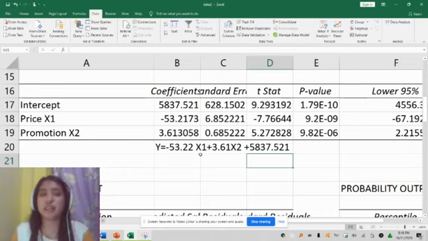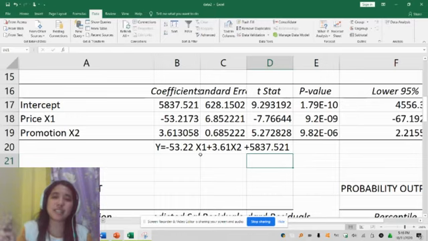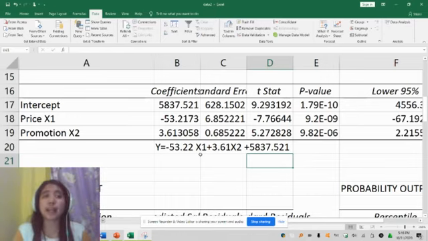That again doesn't make sense at all if our reference is that. How is it possible that there is still a sale when in fact there is no price and no promotion? So again, just like with our interpretation in a simple linear regression, sometimes the value of the y-intercept doesn't make sense.